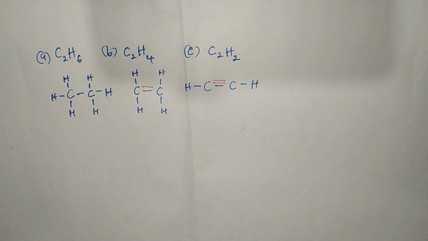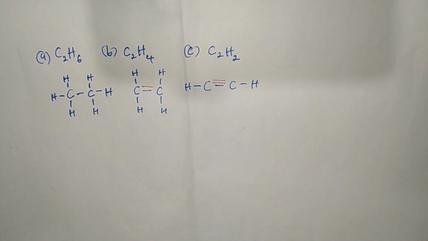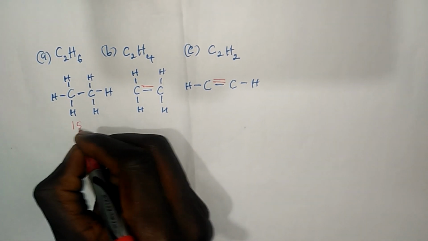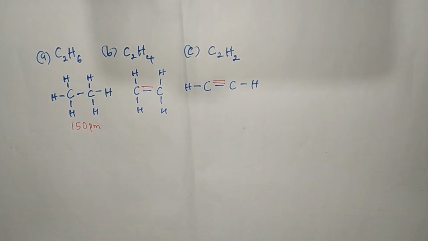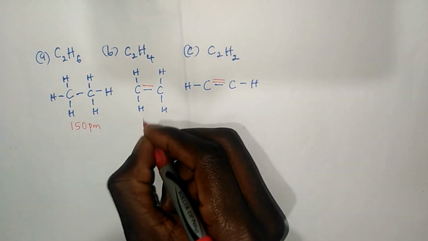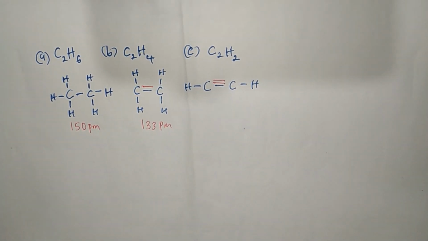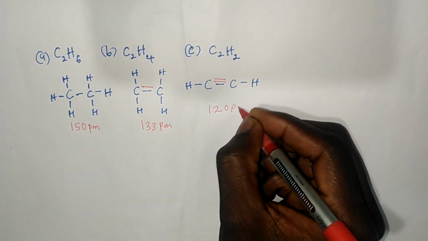What about their bond length? A carbon to carbon single bond, a carbon to carbon double bond, and a carbon to carbon triple bond. Which one is longer? A carbon to carbon single bond has a length of 150 picometers. A carbon to carbon double bond has a length of 133 picometers, and a carbon to carbon triple bond has 120 picometers.